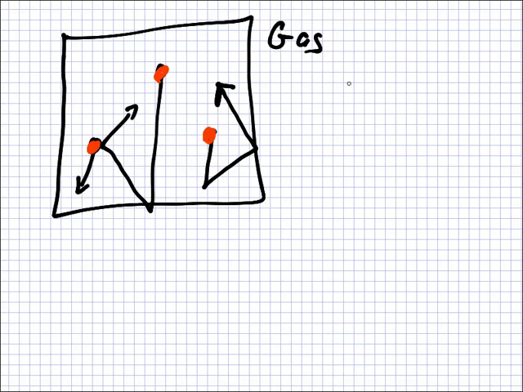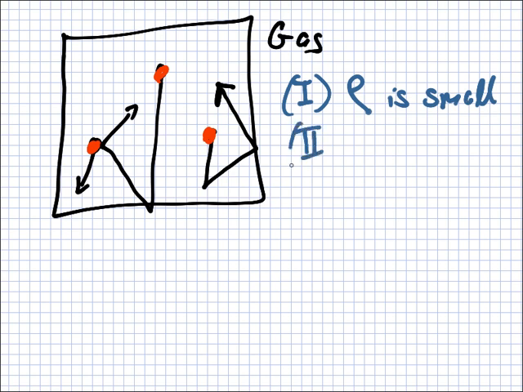A couple of assumptions. Number 1, we said the density is small. That was one assumption. Number 2, that there's no potential energy.